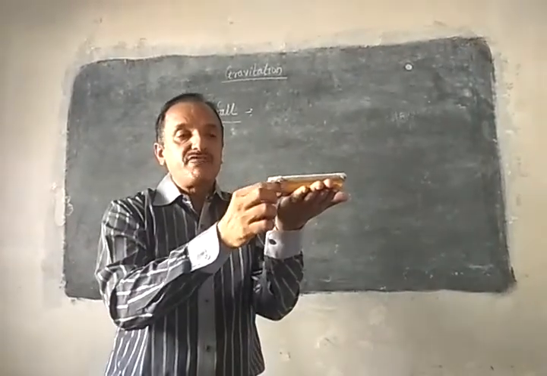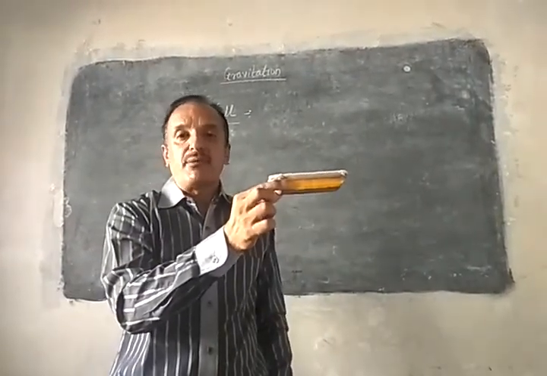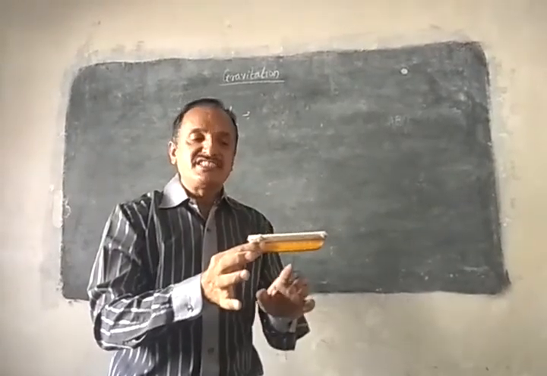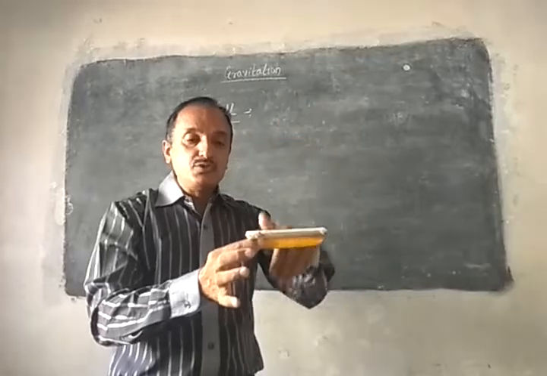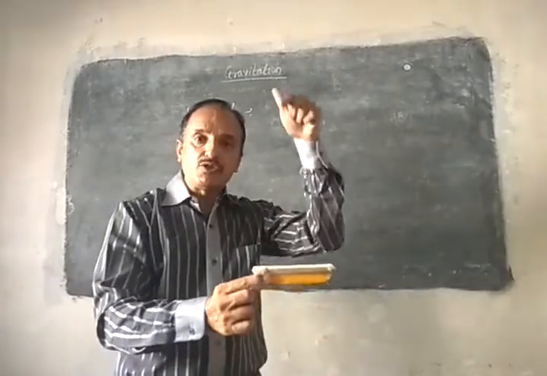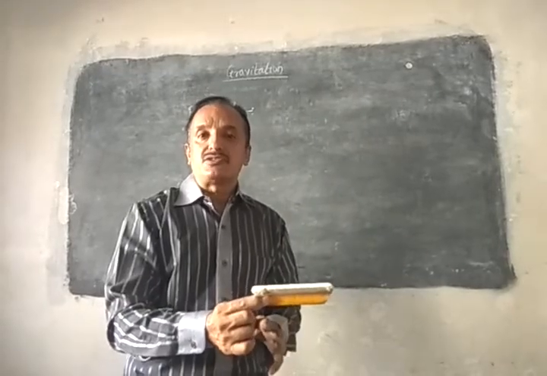Now suppose I remove my palm and leave it, it will fall down. It means the duster now moves in the downward direction under the influence of gravitational force.